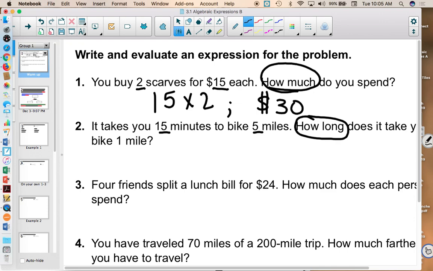Popcorn out to somebody that's not been at the board. They're going to go up and write the expression. Okay, what you just said was 5 divided by 15.